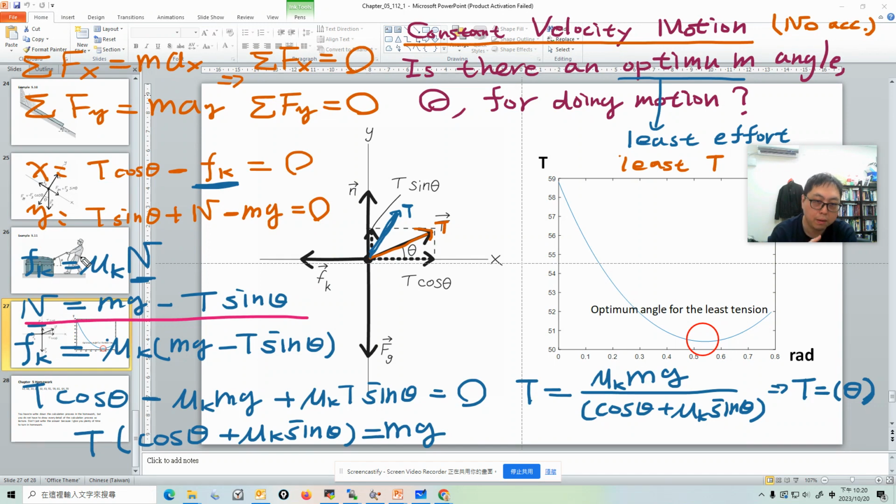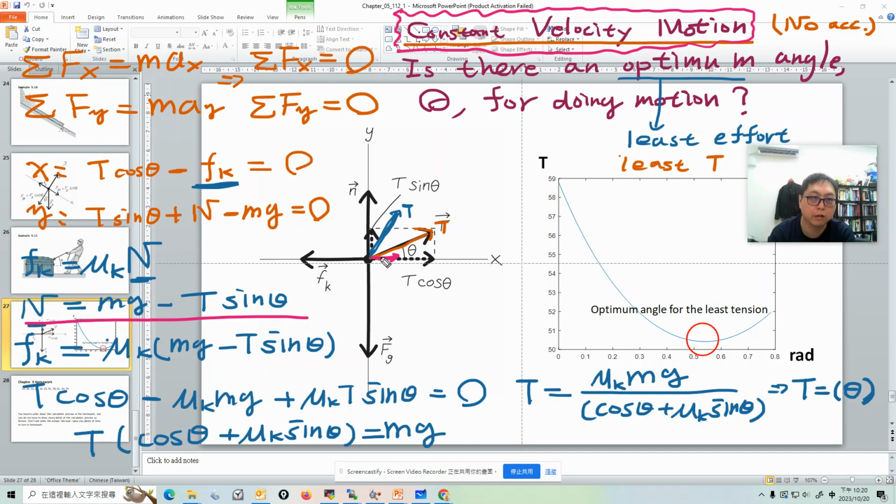But that doesn't mean we want theta as large as possible. No, because at the beginning the problem asks for constant velocity motion. To maintain constant velocity motion, you need T cosine theta.